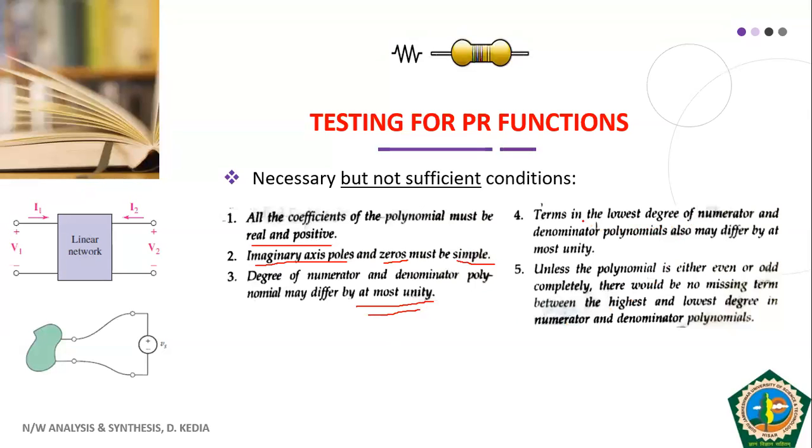Then the terms in the lowest degree also must differ at the maximum by unity. Another thing we have again and again talked about is that there should not be any missing term. If some term is missing, then either all the even terms should be missing or all the odd terms should be missing. Fine.